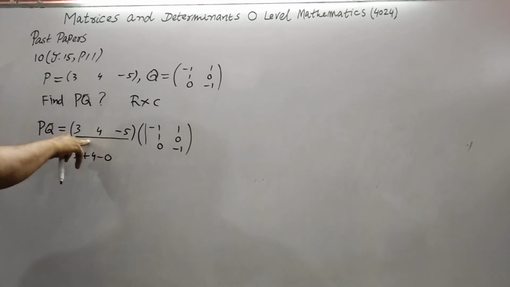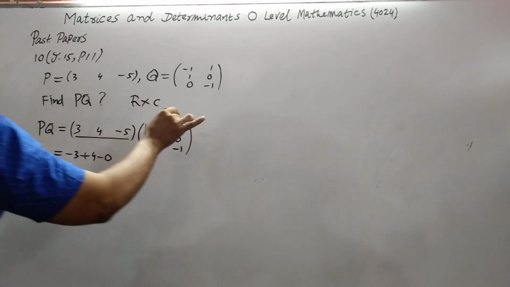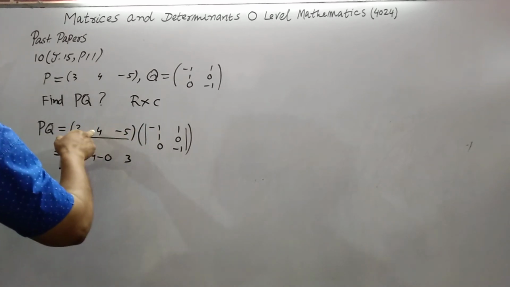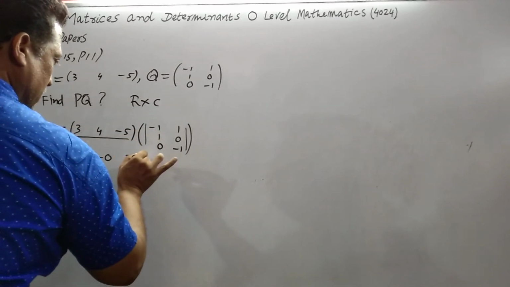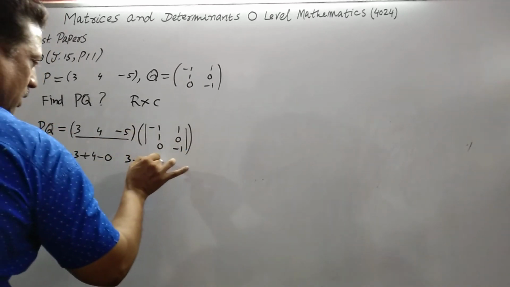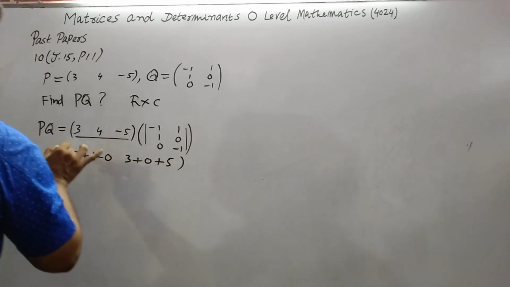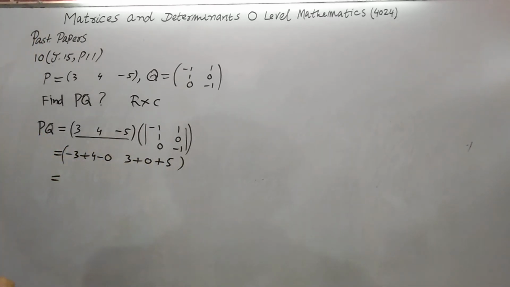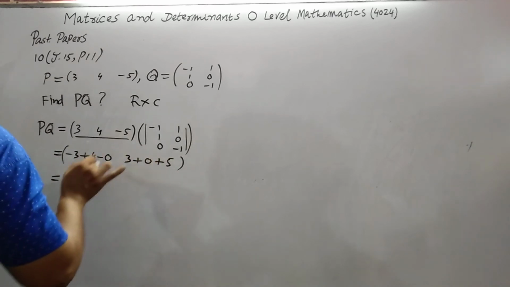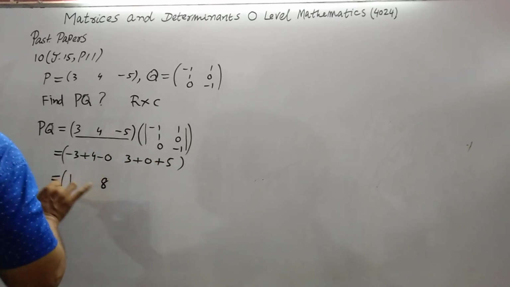Then this row multiply by this column. 3 ones are 3. 4 zeros are 0. Minus 5 into minus 1, minus times minus plus 5. Therefore, our answer is minus 3 plus 4 is 1, and 5 plus 3 is 8. 1, 8.